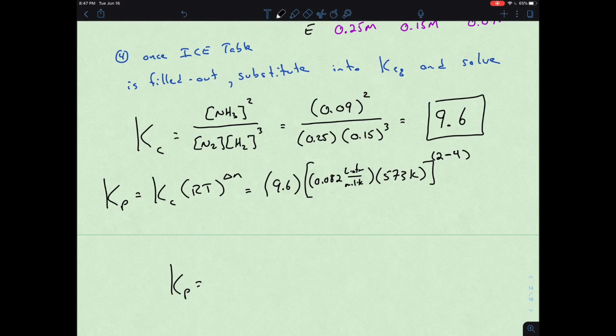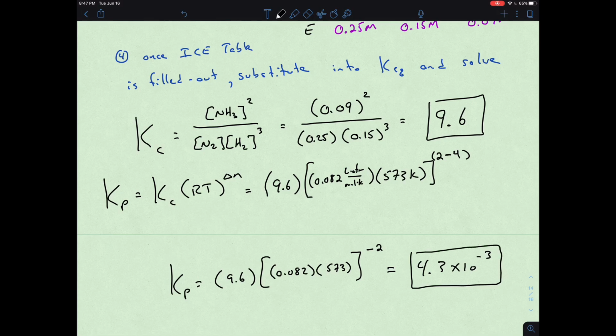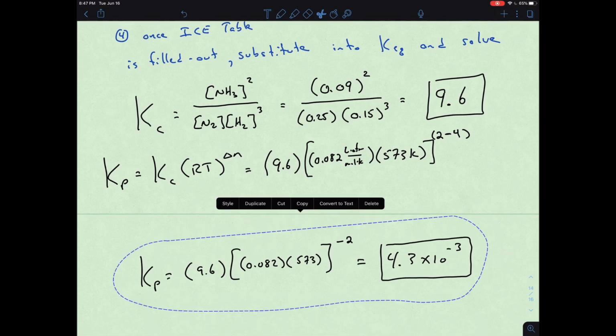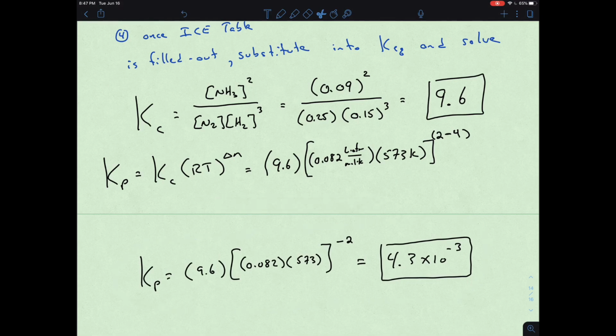So our K sub P would just be that 9.6 times 0.082 times 573, right? But that last product we would take to the minus 2 power, and that gives us a value of 4.3 times 10 to the negative third for our K sub P. So that's how we can calculate an equilibrium constant.